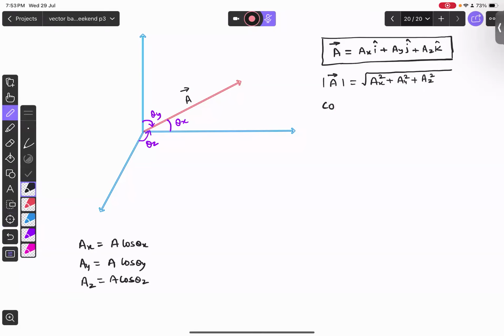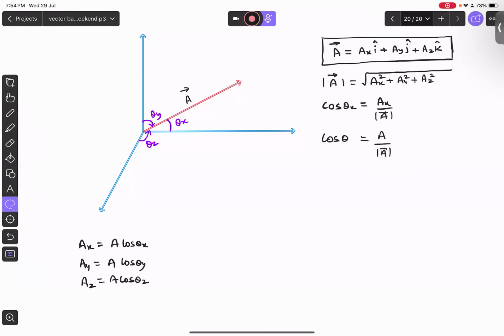Once you get the length of that vector, I can use it to find cos theta x, because cos theta x I can figure out by knowing the x component and the length of the vector. So cos theta x will be ax by a, cos theta y will be ay by a, cos theta z will be az by a.